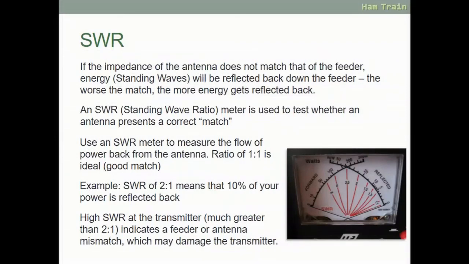A higher SWR at the transmitter, i.e. much greater than 2:1, indicates a feeder or antenna mismatch, which may damage the transmitter. If you've got a device that is meant to push out energy, and energy is being fed back into the part of it that's meant to push energy out, there is going to be damage.